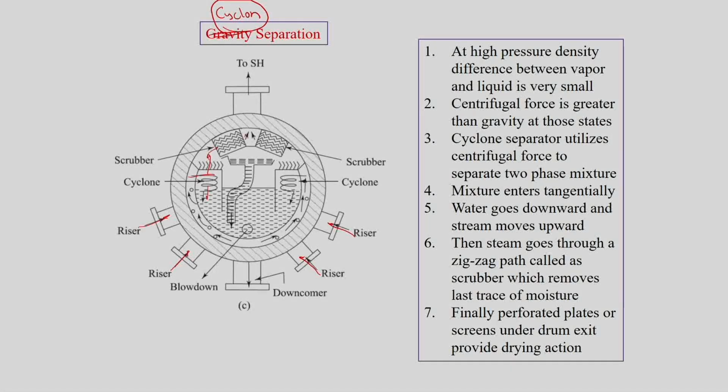Steam will go further up through the screens or scrubbers which will capture the small droplets of water, and then the rest of the steam will go to the superheater. So, cyclone separators are essentially employed when we have very high boiler pressure, and the salient feature is that we make use of centrifugal force in the cyclone separator to separate liquid water and the steam vapor.